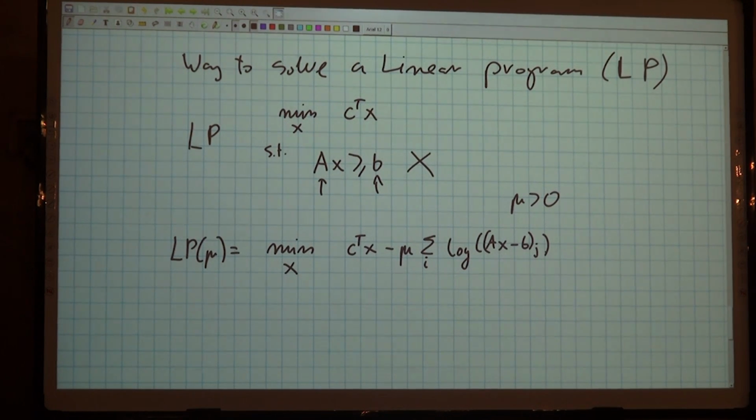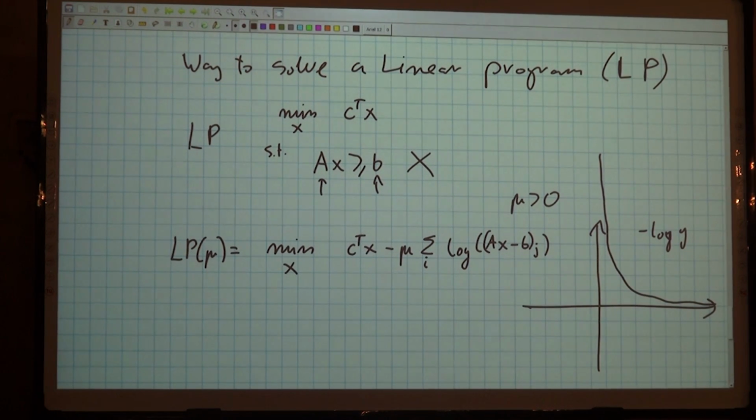So what is the idea here? If I look at the minus log function, how does it look? It looks something like that. No, sorry, that's not the right function. It looks like something like that.